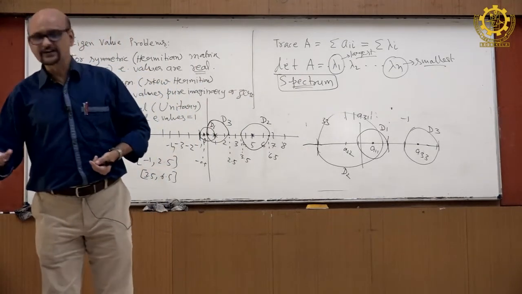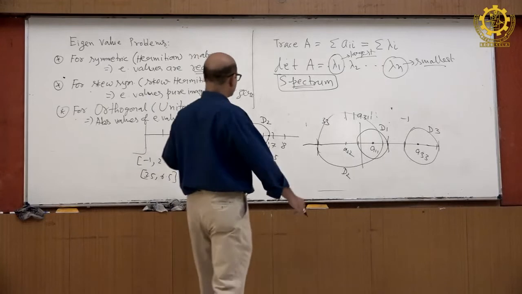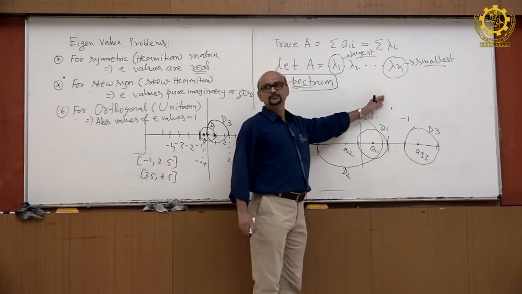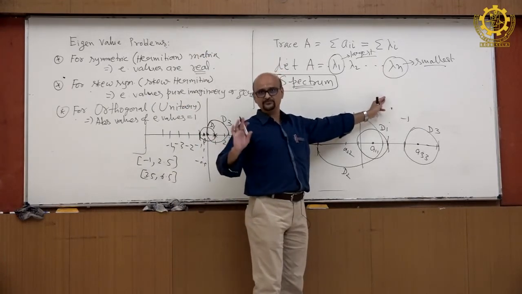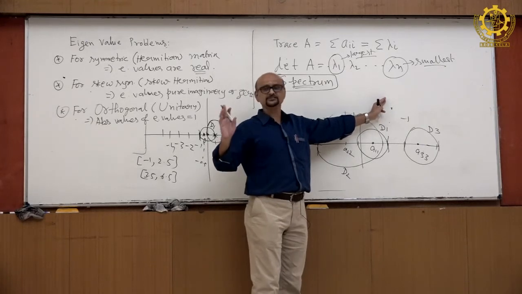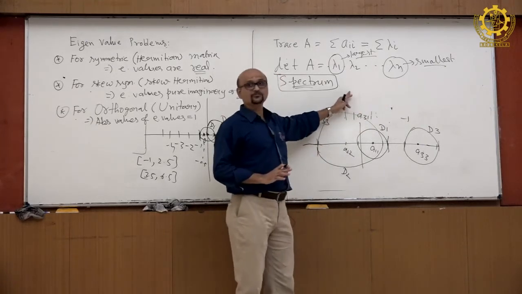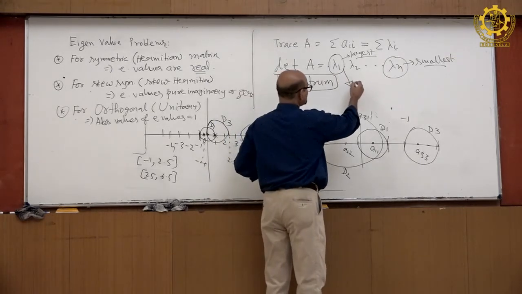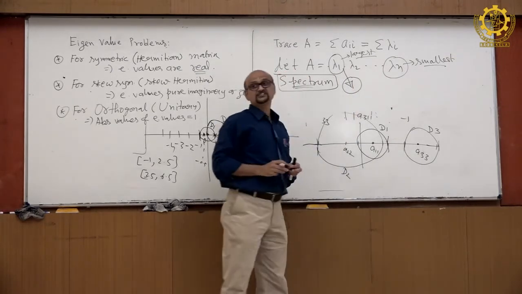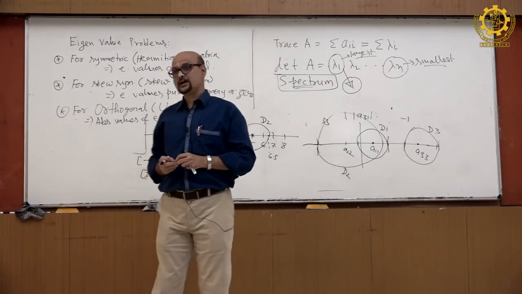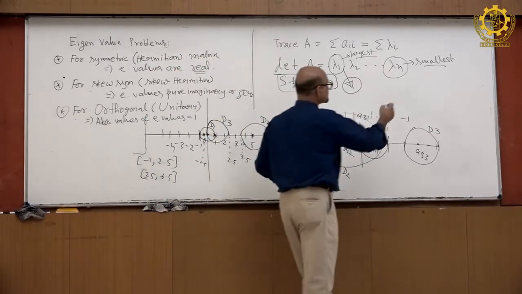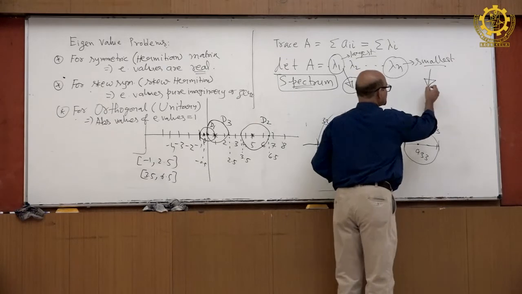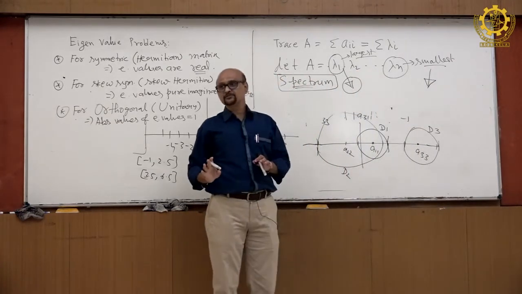So, in general I do not need all the eigenvalues, although we have different methods to find all the eigenvalues, and sometimes it is needed. But in your course we will have only the method to find the largest eigenvalue, and I will also give an idea to find the smallest eigenvalue. Those are very simple methods.